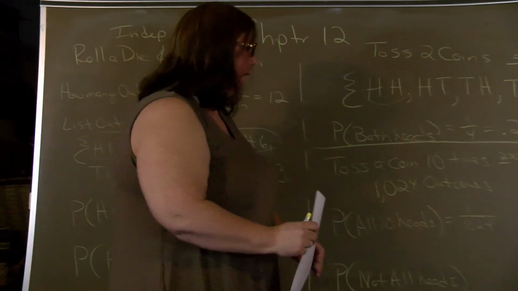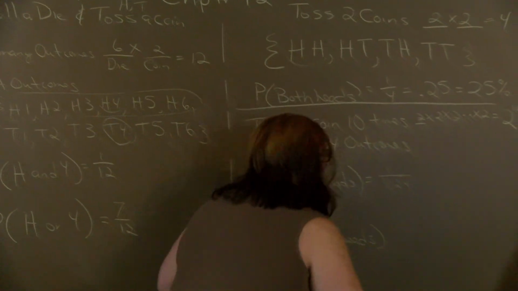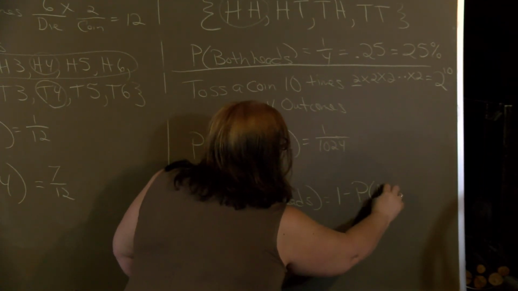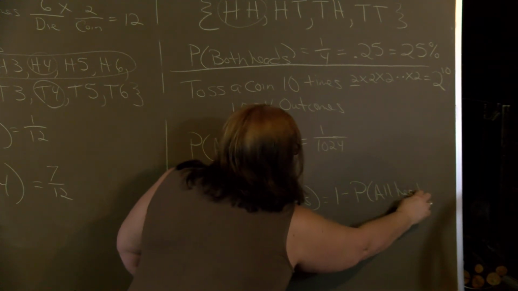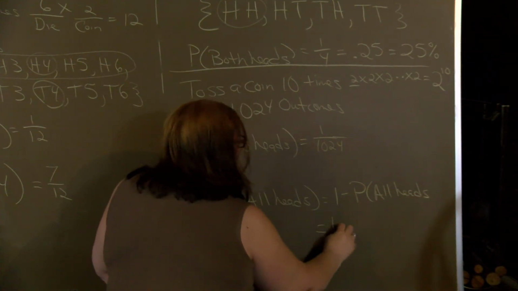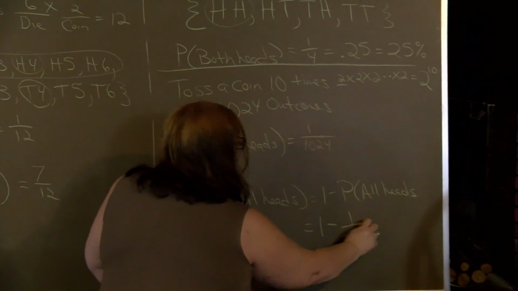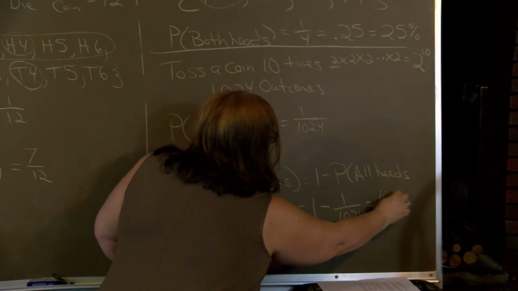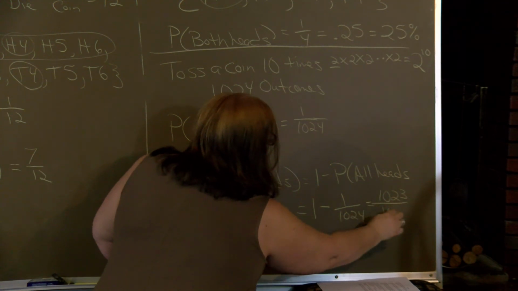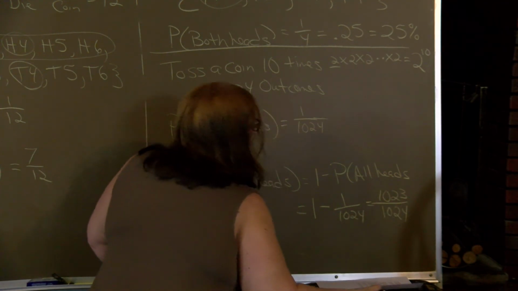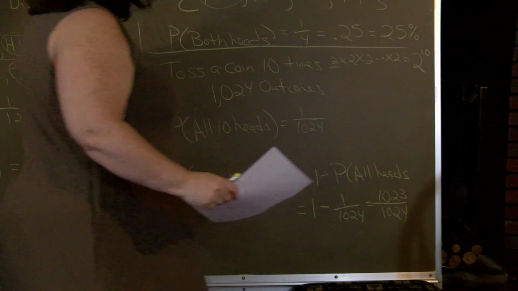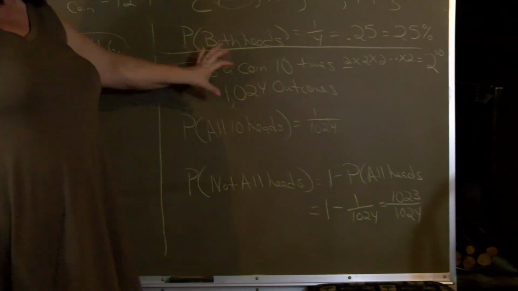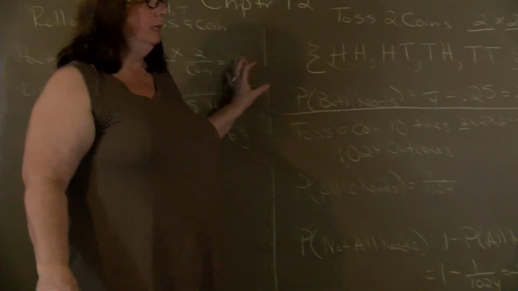You could take 1 minus the opposite, which would be 1 minus the fraction that we already found, which is 1,023 over 1,024. We're not going to get into much more detail with probability in this section.